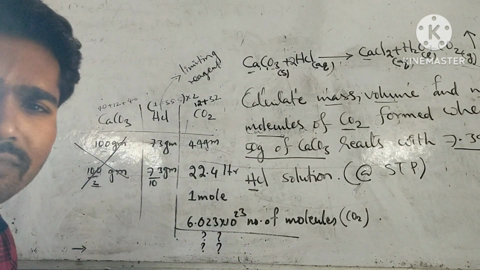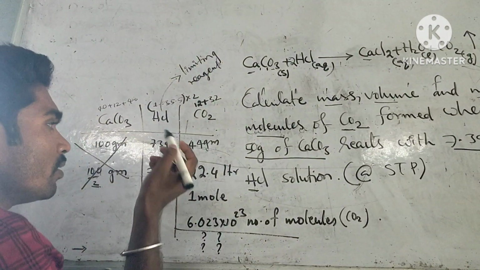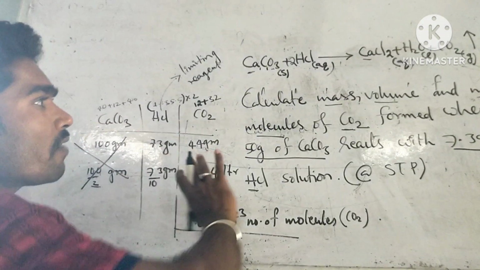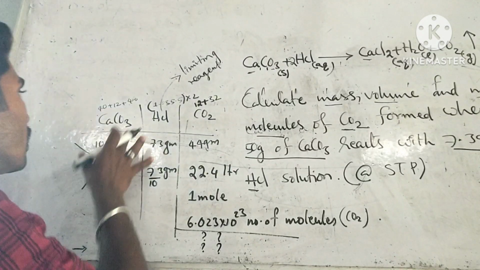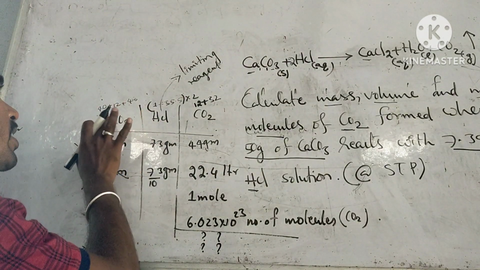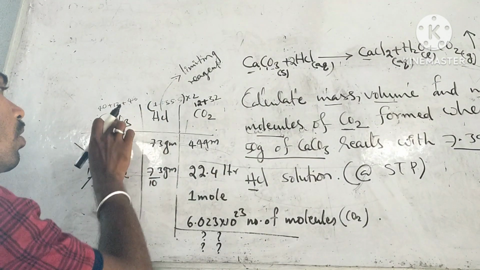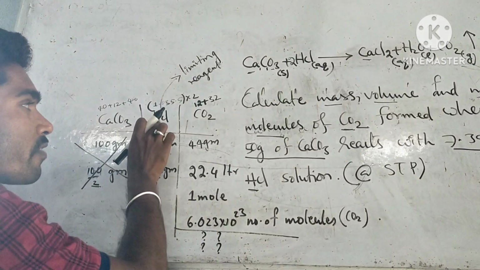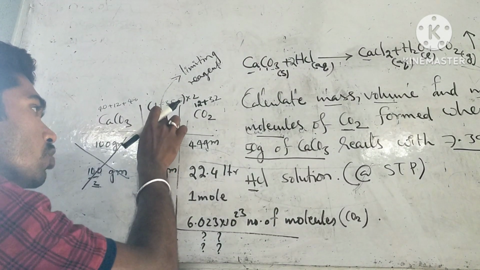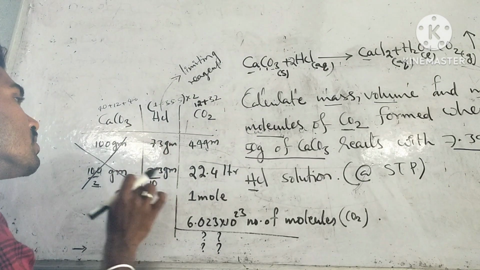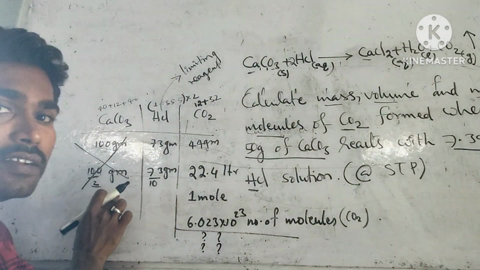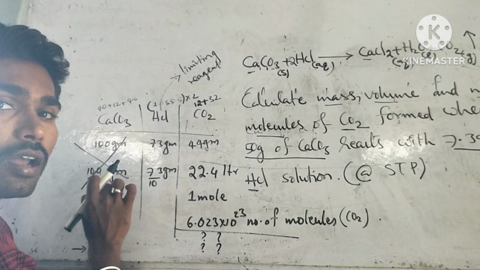Now what I have to do is, immediately after knowing the molecular weight of calcium carbonate and the molecular weight of hydrochloric acid, observe properly how many times each compound in the reactants is increasing or reducing.